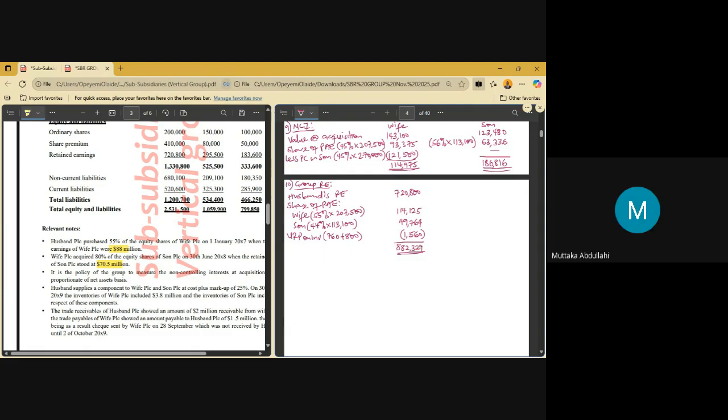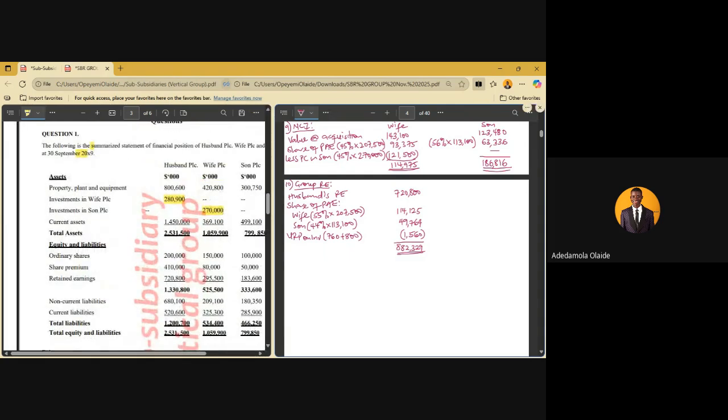So if that is all we have there, then we can now go ahead and do the consolidated statements. Size 883,129.